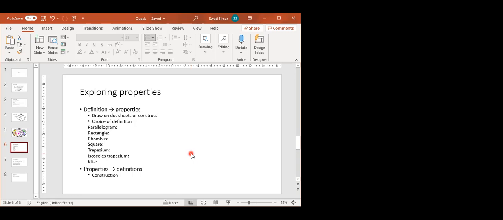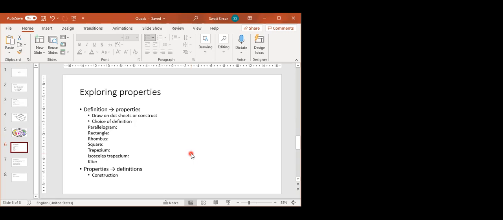And in the next part, you do the reverse. See, for example, one property, a very useful one, is: if both pairs of opposite sides of a quadrilateral are equal, then it is a parallelogram. So in this case, you pick two adjacent sides and an in-between angle, okay? And then you complete the parallelogram.